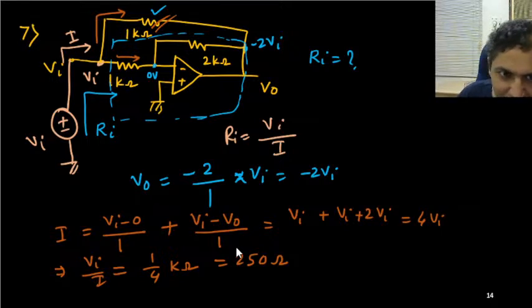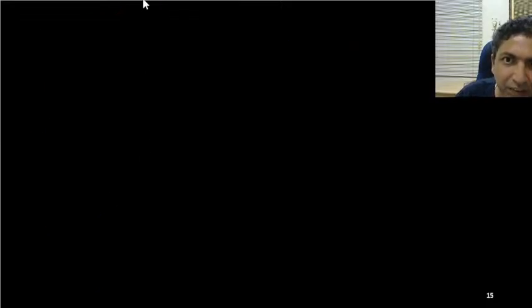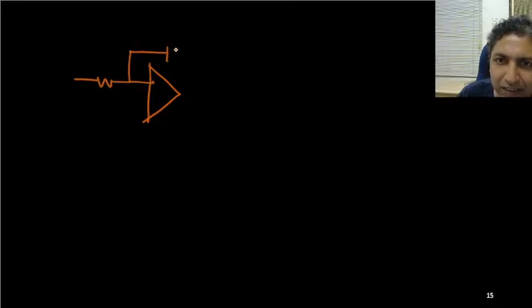I am not discussing it in detail here. So you can see this kind of circuit: this is resistance and this is capacitor.